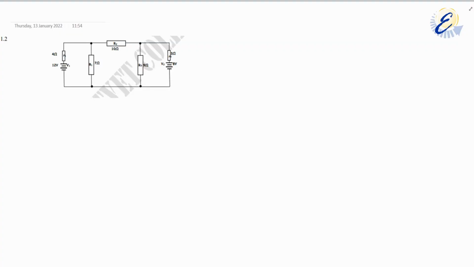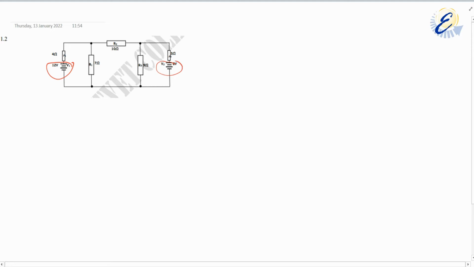So in today's session, we are going to be looking at a more complex circuit. If you look at the circuit here, we have 5 resistors, and it's as if we have 2 circuits connected to one main circuit. So we have 2 voltage sources, V1 here and V2 there.